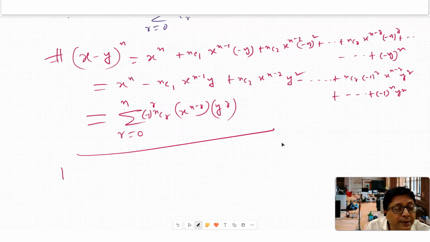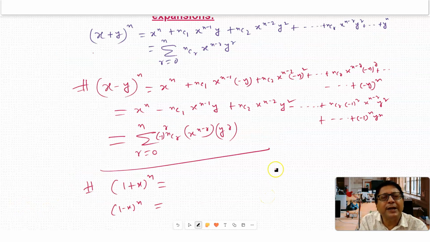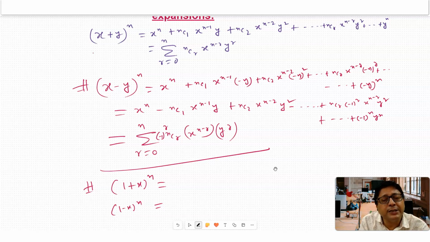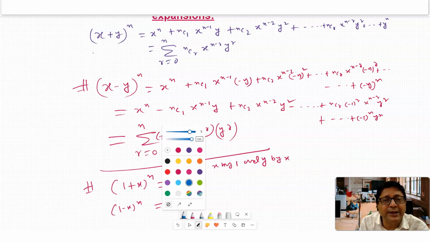Now what will happen if we want to write 1 plus x to the power n and then 1 minus x to the power n? To write 1 plus x to the power n, we will remember this one. Replace x by 1 and y by x.